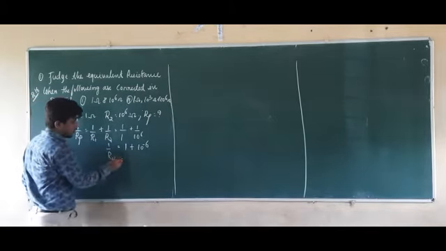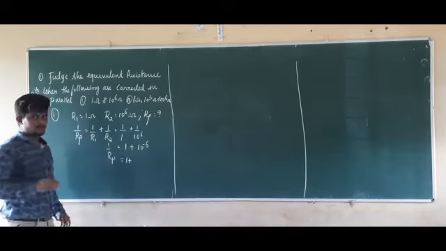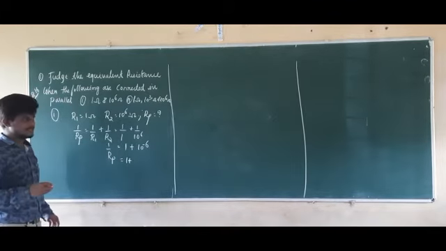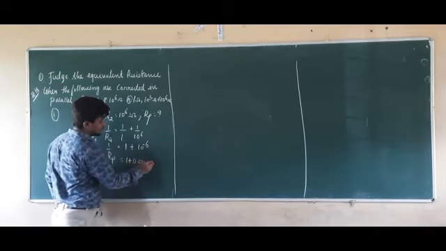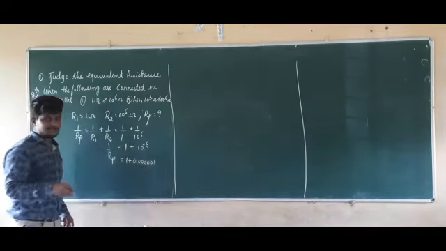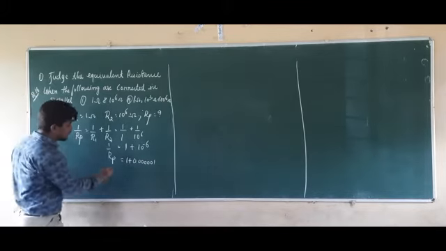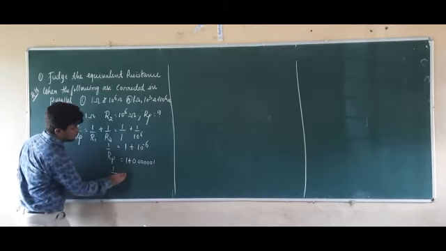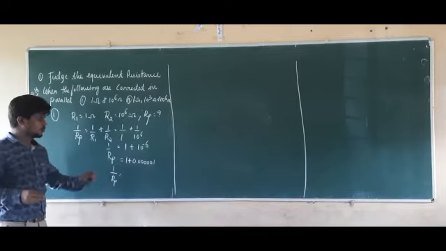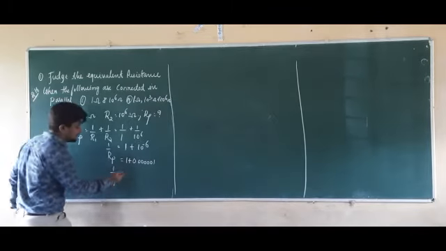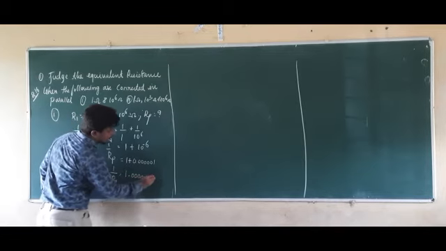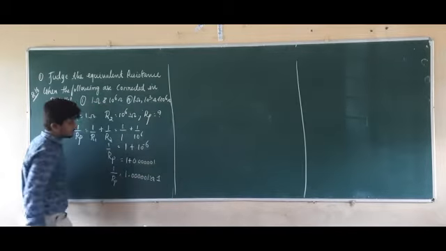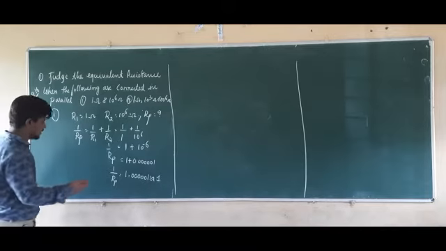Next, what is the value of 10 raised to minus 6? It is nothing but 0.000001. So 1 by RP is equal to 1 plus 0.000001, which is 1.000001, nearly equal to 1.